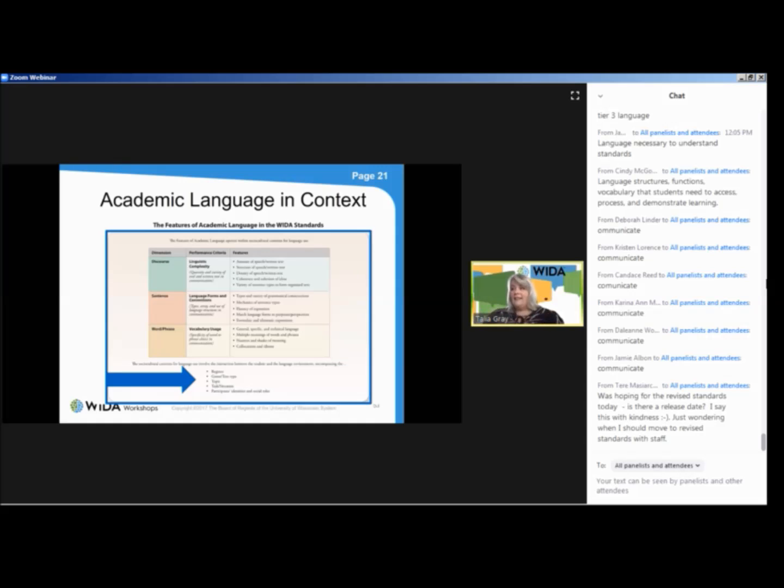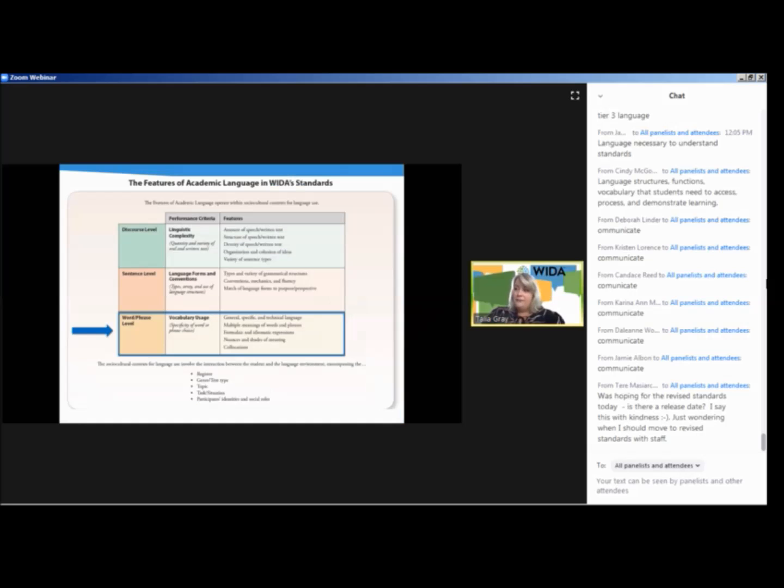Within that, your first dimension is the word phrase dimension. Here you'll see that this includes vocabulary usage that is aligned with some sort of content. This also includes specific and technical language, multiple meanings of words and phrases, formulaic and idiomatic expressions, nuances and shades of meaning, and finally collocations.